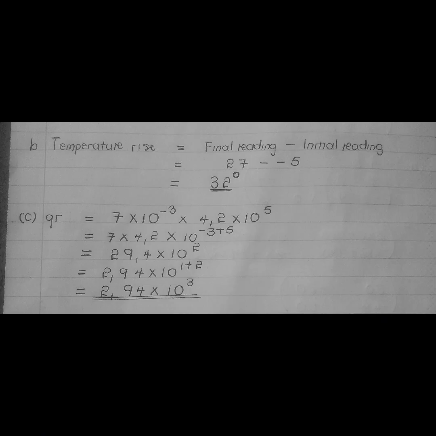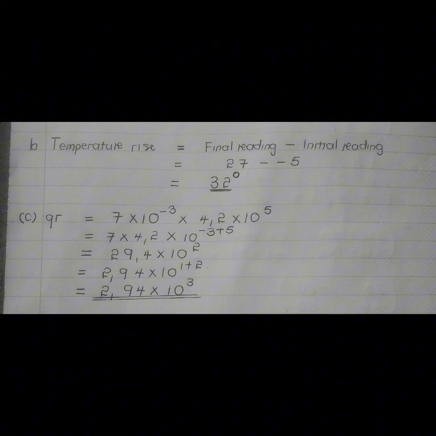And then number 3, it was a question on standard form. It is saying, if R is equal to 4.2 times 10 to the power of 5 and Q is equal to 7 times 10 to the power of negative 3, calculate QR. So we are supposed to multiply Q and R and leave our answer in standard form. What you need to do is multiply the numbers that are not raised to the power of 10 on their own.